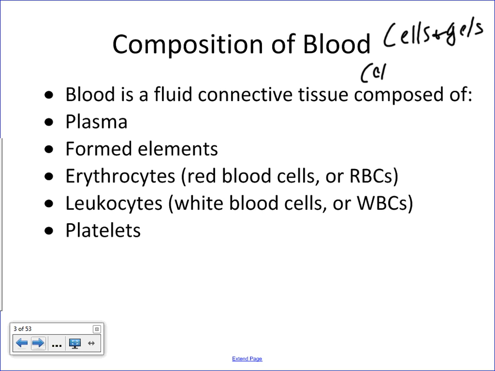So basically, cells that either synthesize or are immersed in an environment that has a lot of extracellular proteins. And when those proteins mix with water, you form a gel, not quite a solid, not quite a liquid. So blood is, I should say, more of a gel-like connective tissue.